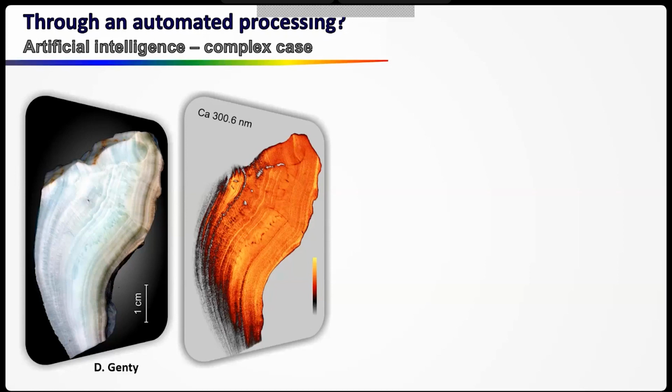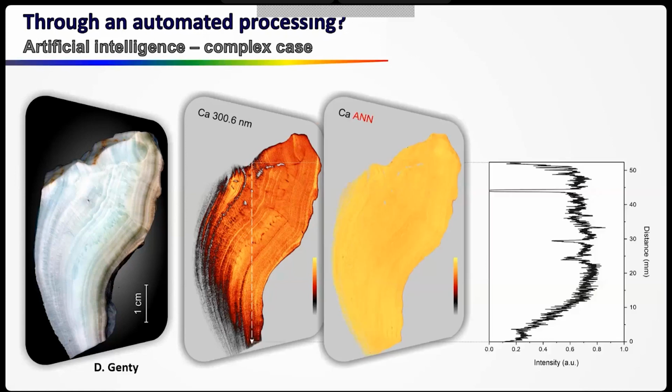And this is the normal calcium image of this sample. If we apply now the algorithm that was trained with simulated spectra, this really goes back perfectly, with a strong compensation of the region that was affected instrumentally. So it's very positive.